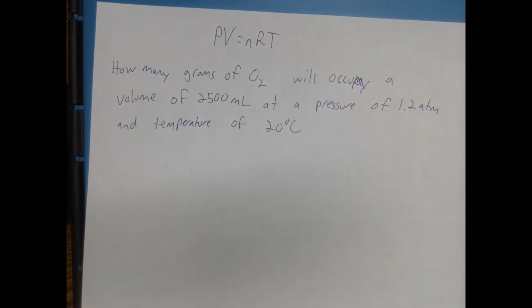So how many grams of O2 will occupy a volume of 2,500 milliliters at a pressure of 1.2 atmospheres and temperature of 20 degrees Celsius.